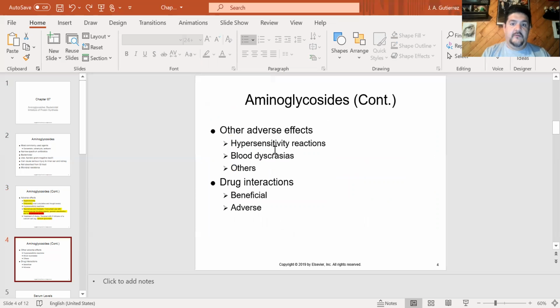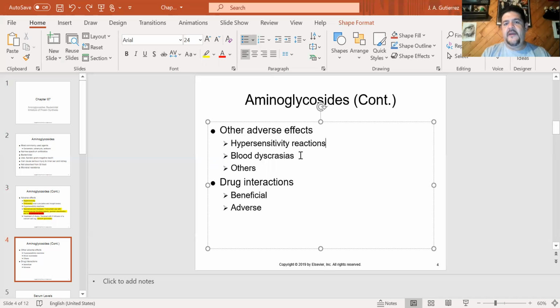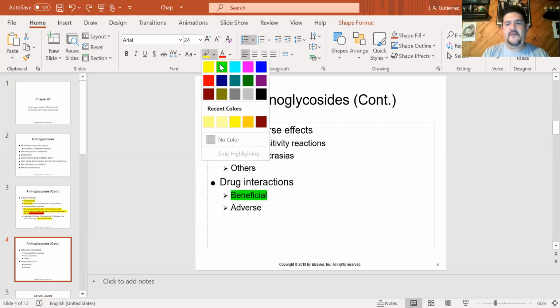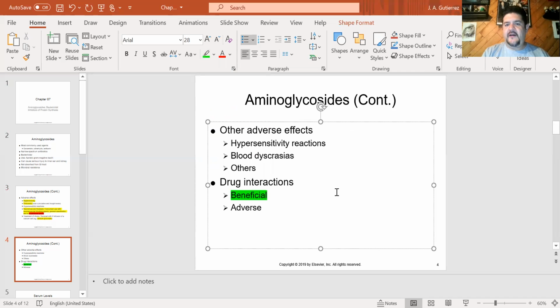Besides that, hypersensitivity reactions, just like any other antibiotic. Regarding blood dyscrasias, we're talking about the penias again: leukopenia, neutropenia, lymphopenia. Regarding drug interactions, if we're talking about infections, we can mix it with other antibiotics in order to have a bigger antibiotic effect.